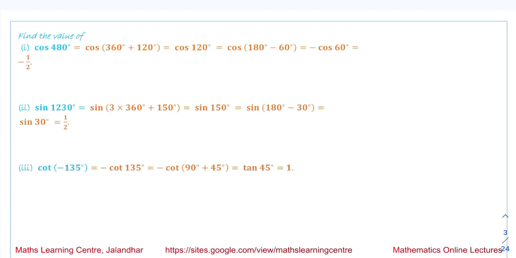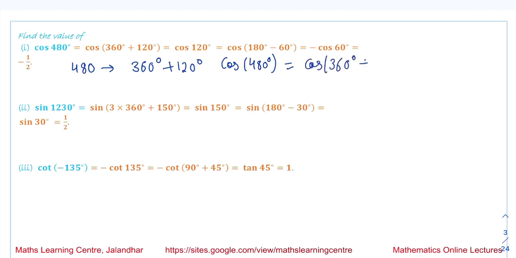Now if we look at this value 480, we can write it as 360 degrees plus 120 degrees. So cos 480 degrees is equal to cos of 360 degrees plus 120 degrees. 360 degrees means we are talking about 2 pi, which is the period of the cos function.